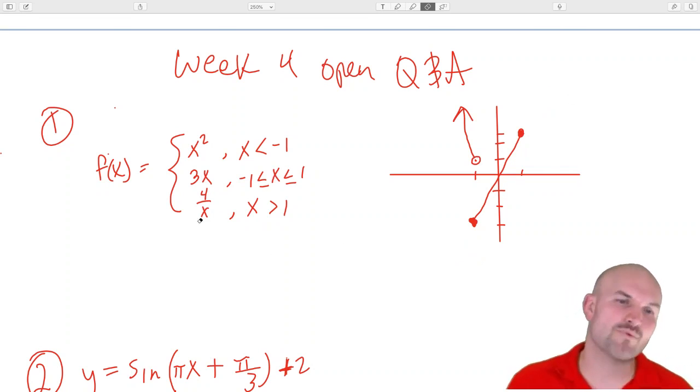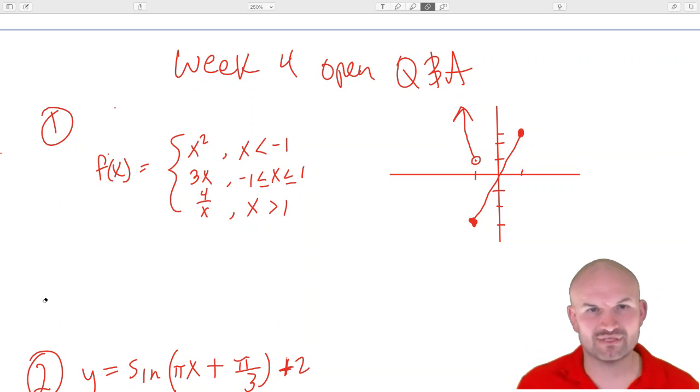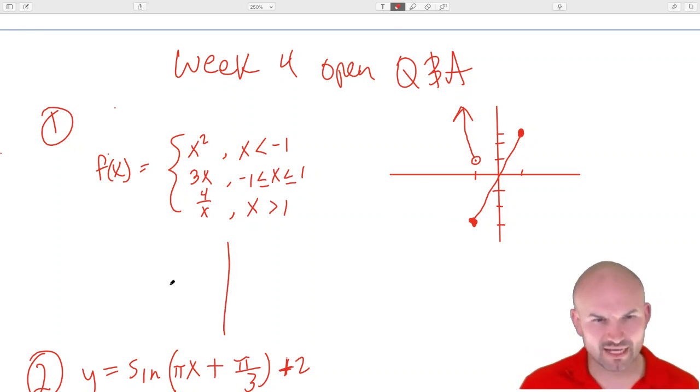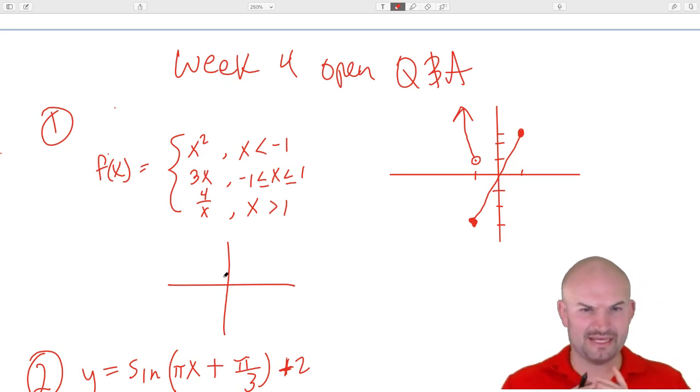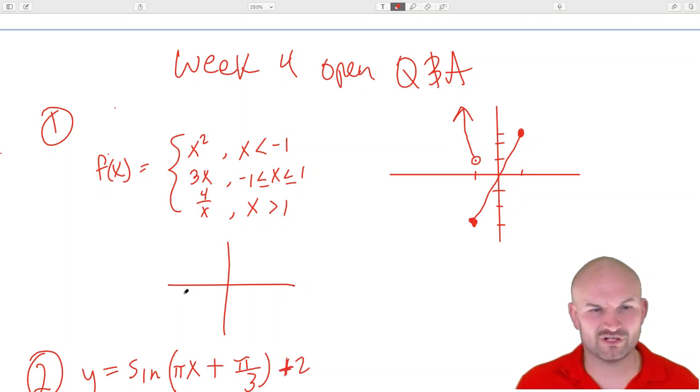And the last one is y equals 4 to the x, where x has to be greater than 1. This one's a little bit more difficult to see what the graph would look like. The 4 to the x is going to be like a vertical stretch, and I'm not really sure about the points.